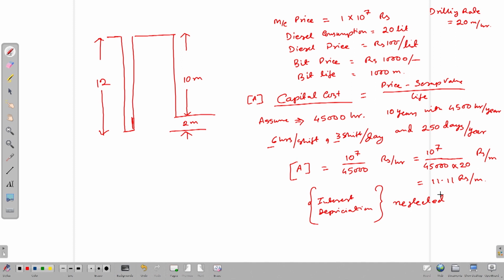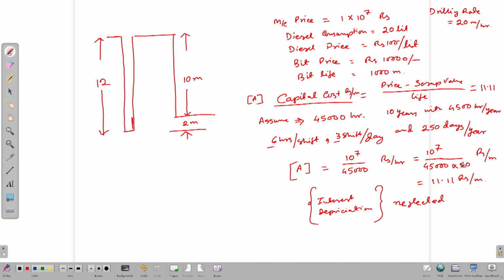So, the capital cost has come 11.11 rupees per meter. I think this is now clear to you how to get the capital cost.